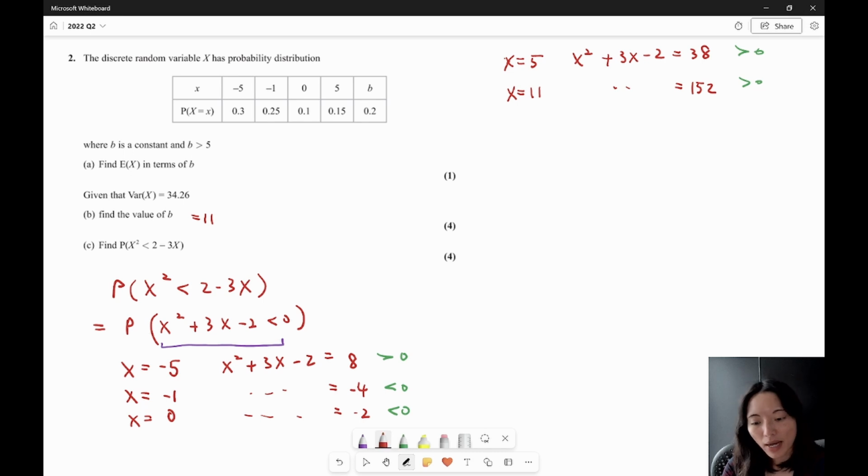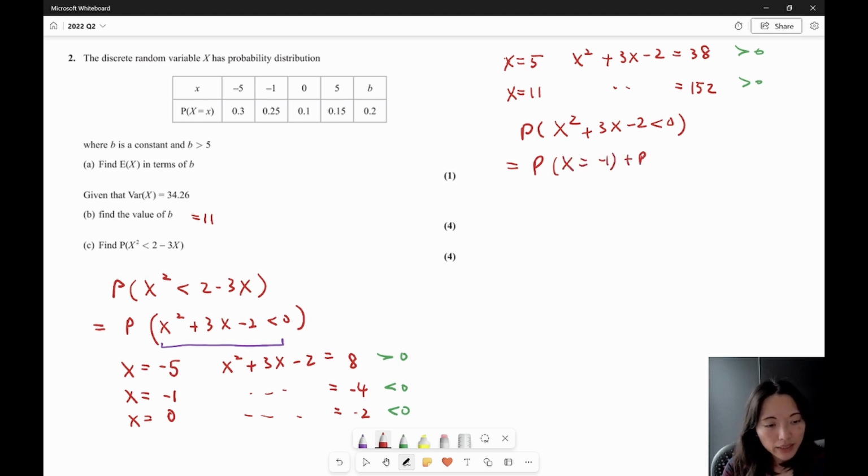And therefore, we know that x squared plus 3x minus 2 is less than 0 when x equals minus 1 or when x equals 0. What's the probability of x equals minus 1? 0.25. What's the probability of x equals 0? 0.1. So the required probability is 0.35.